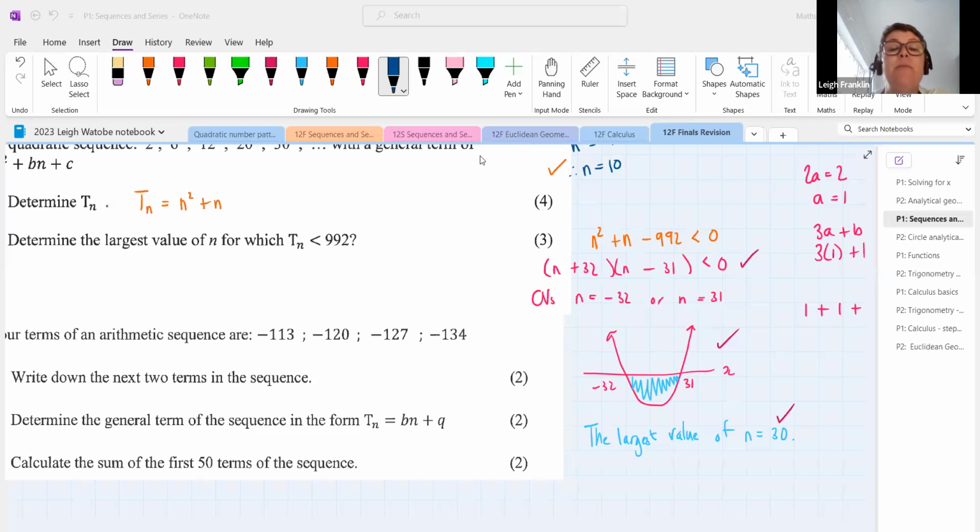This is exactly what I'm explaining, Mamelo. We can't include 31. It has to be a natural number, the largest natural number that is smaller than 31. So you're not supposed to include the 31, yes.